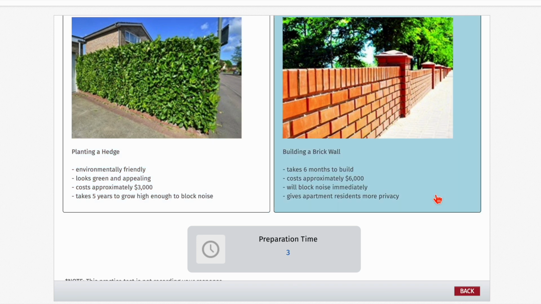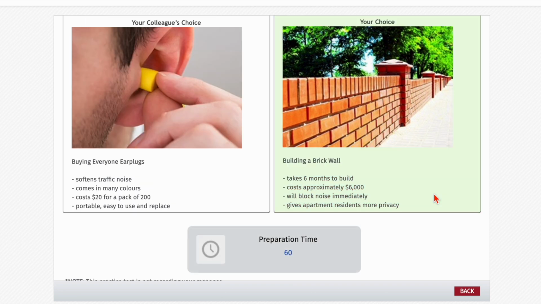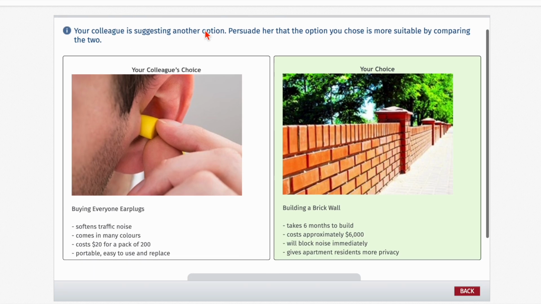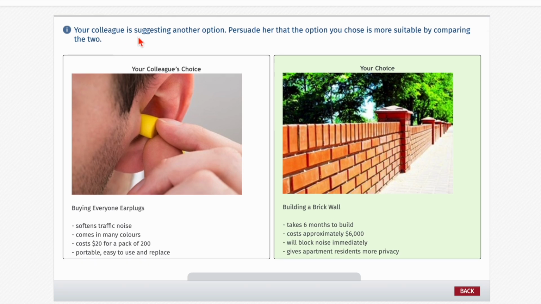Or what about building a brick wall? Now you only have 60 seconds or 1 minute. And after that, you have your choice here. And then the computer gives you your colleague's choice, okay? And it says your colleague is suggesting another option. Persuade her that the option you chose is more suitable by comparing the two. Okay?